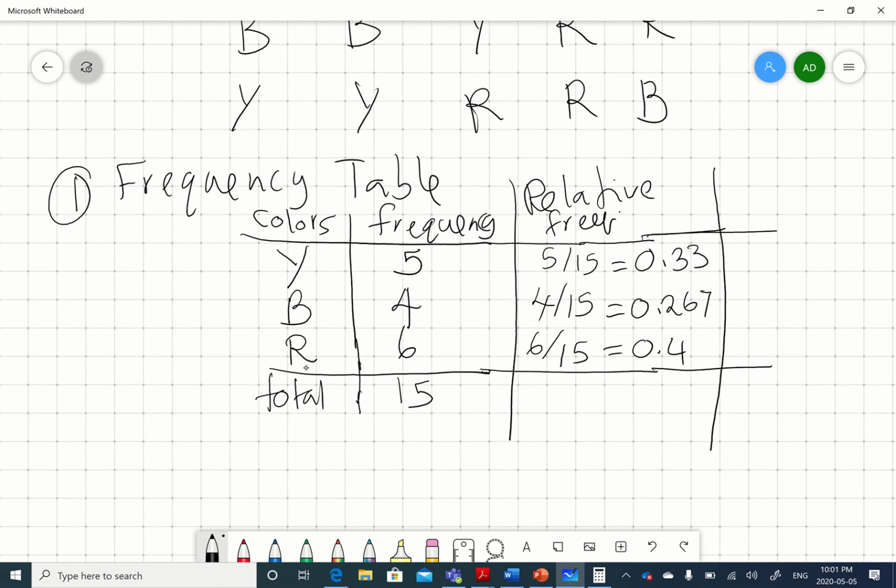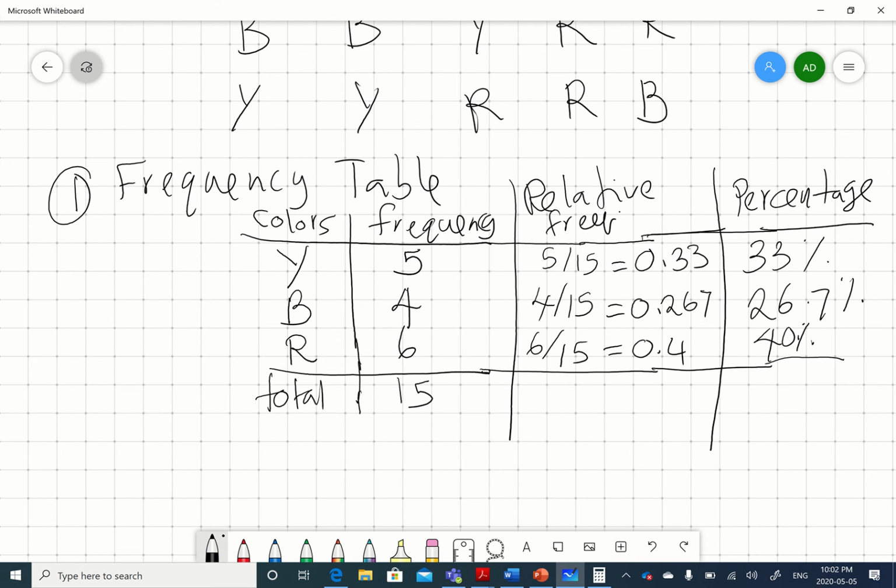You can further convert them into percentages if you want, because people often talk about percentages, right? If you convert the relative frequency into percentage, you just multiply each decimal by 100. So 33%, 26.7%, 40%.